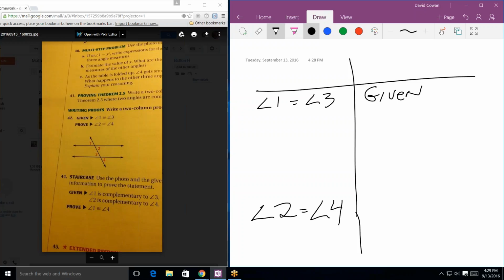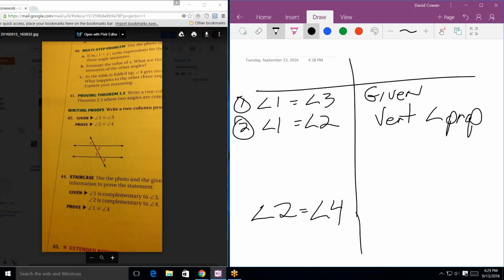Well, what's the second statement going to be? If angle 1 equals angle 3, angle 1 is equal to angle 2. Correct. Why? Vertical angles property. And that's all I have to write. Now, what's the third statement?